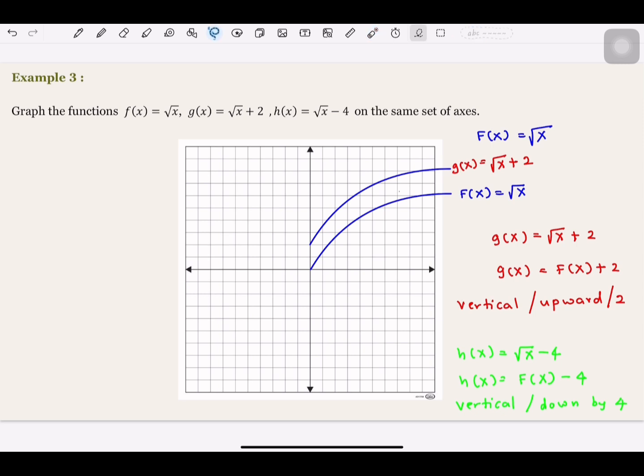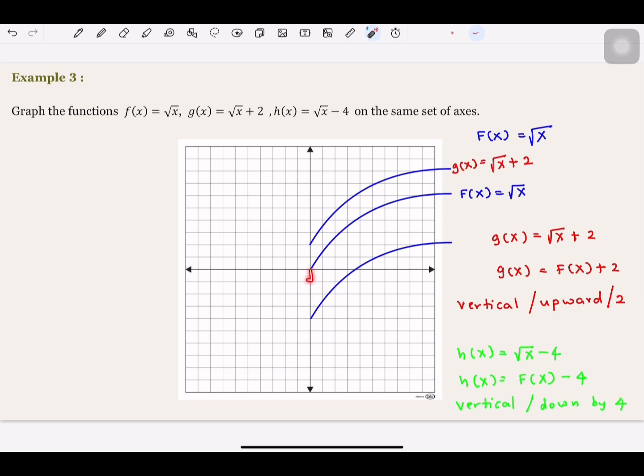So again, I'm going to copy my parent function over here, and then I'm going to move this 4 units downward. Okay, from here to here, just 1, 2, 3, 4. So this is the origin. I just moved this origin 4 units downwards.